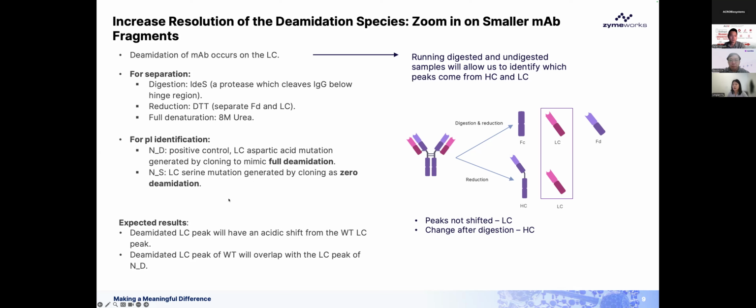So we expect that, first, the deamidated light chain peak will have an acidic shift from the wild-type light chain. And we also expect that the deamidated light chain peak of the wild type will overlap with the light chain peak of the positive control, the N2D mutant.